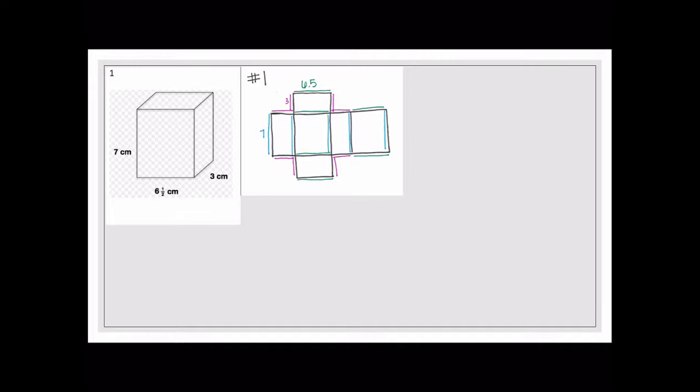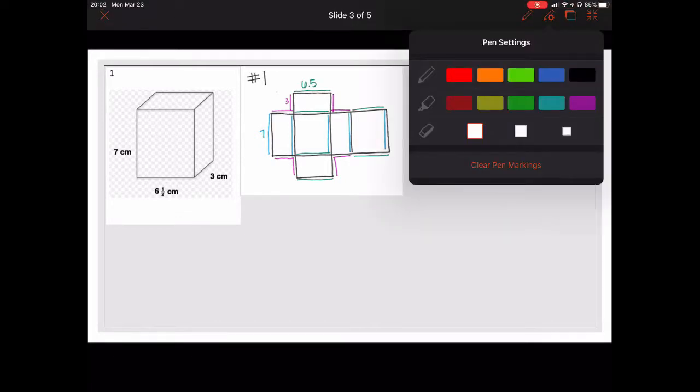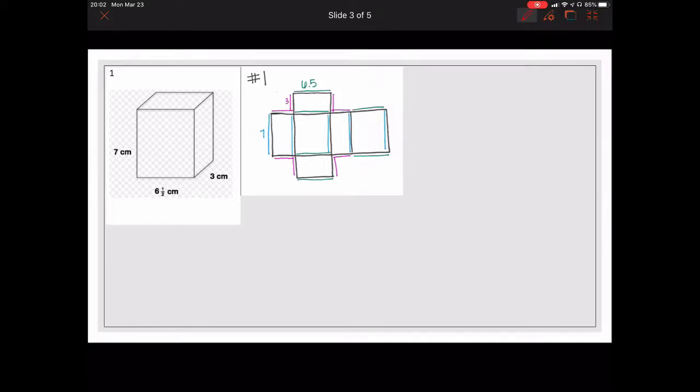Okay, so our first example is going to be a rectangular prism because our two bases over here, this is a base right here, and this is a base right here. So our bases are rectangular, therefore it is a rectangular prism.